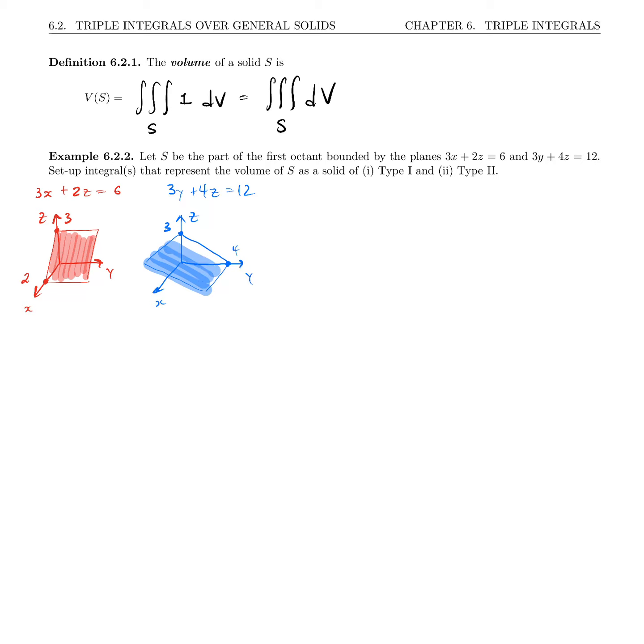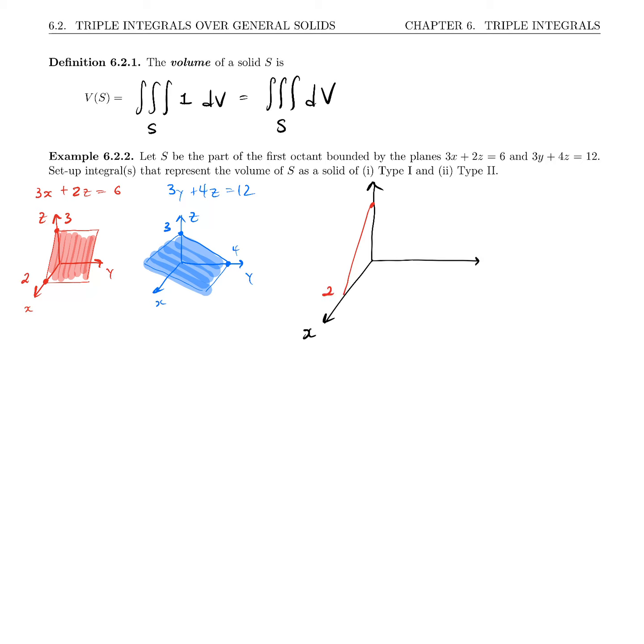And so our second plane looks like this. Now we can imagine we've got one plane coming out like this. The other plane is going to be coming out like that, and so they are going to meet somewhere in the first octant. Let's bring that down. If I draw the first plane, it starts at z equals 3, goes down to x equals 2.